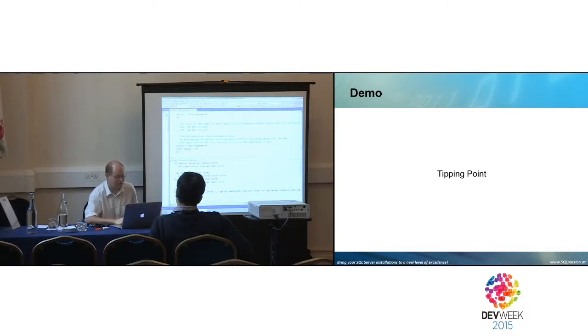I have a simple query, 156 records, we have a bookmark lookup. As you can see, the bookmark lookup for retrieving 156 records costs you 332 logical reads. Retrieving all 80,000 rows costs you 419 logical reads. Just think about that.